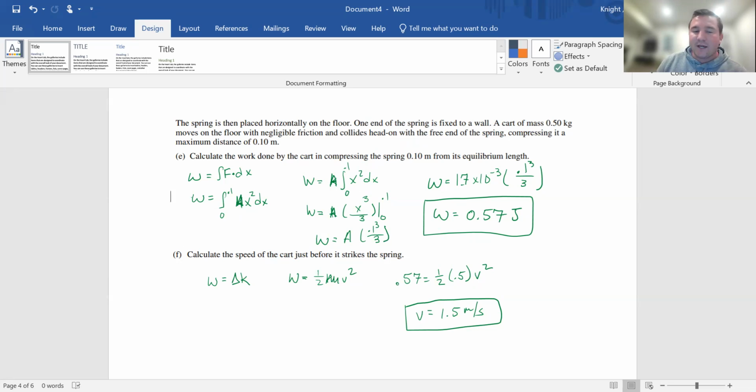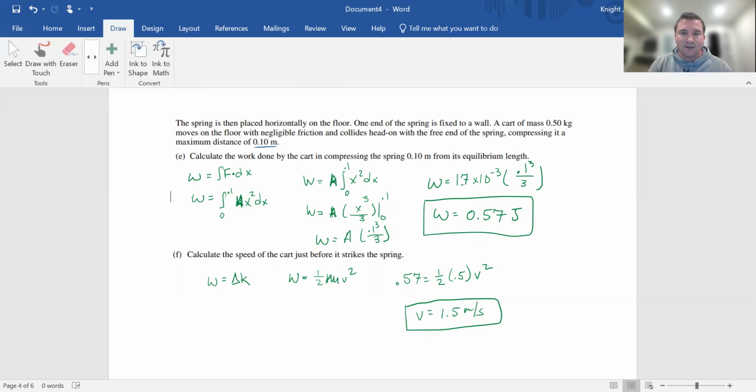So we do have to do the actual integration here and plug in a x squared for force. Integrate, the a pops out. We get the integral of x squared dx, which is x to the third over 3, evaluated from 0 to 0.1, because that's our distance there. We plug in, and then we've just got something that we can solve, right? We solve using the a value from part D.